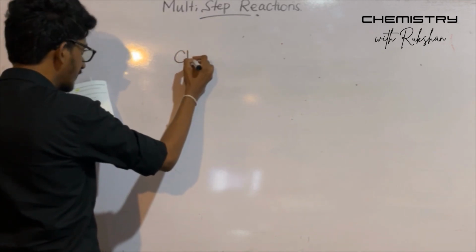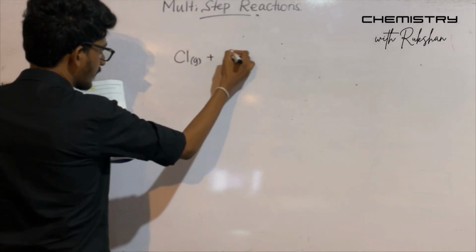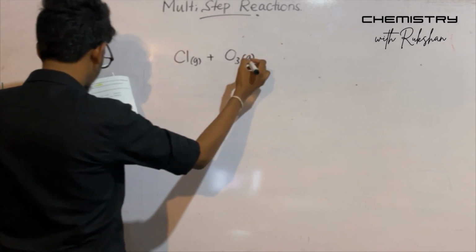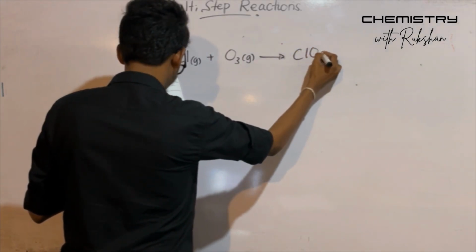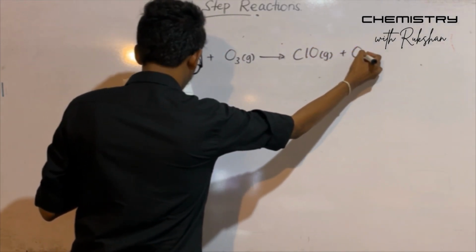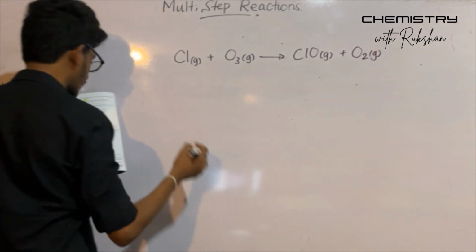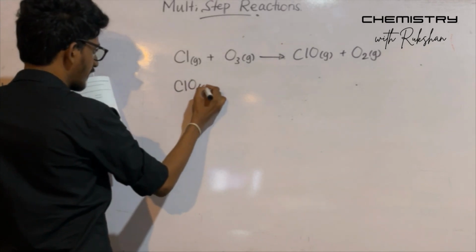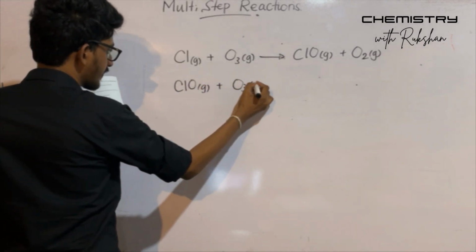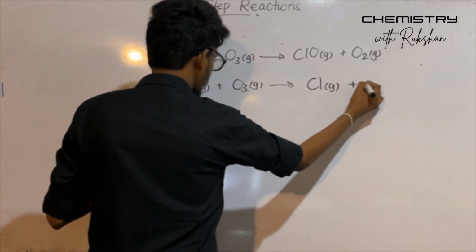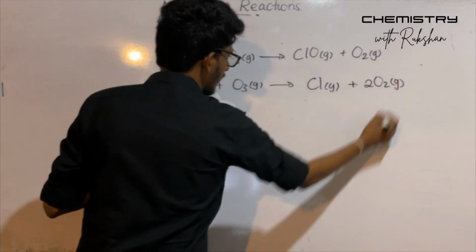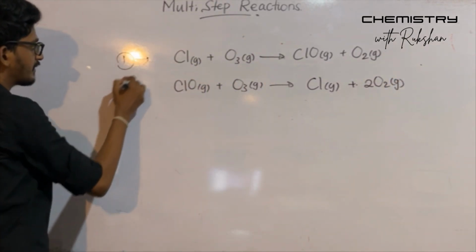These are two steps of the reaction of converting O3 to O2, as given in your book. Then the ClO gas reacts with O3 gas to form the Cl gas and O2. First of all, this is the first step, and this is the second step.